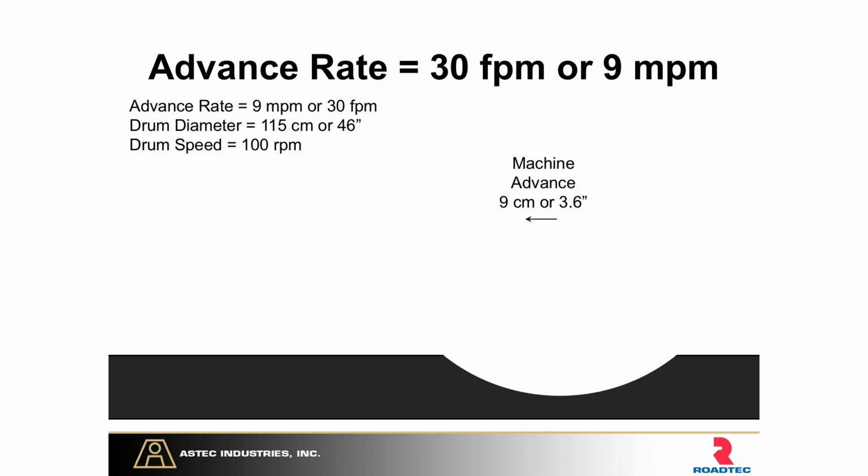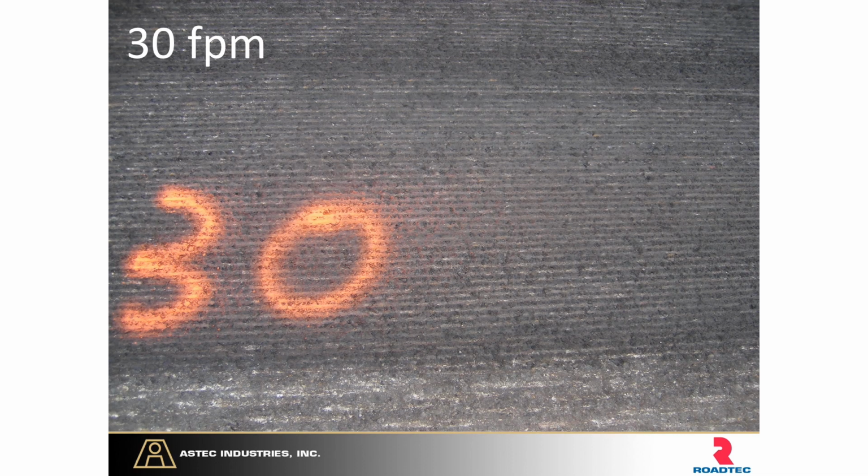So at 30 feet per minute, in one rotation of the drum, the machine has advanced 3.6 inches. So that same tooth, as it comes back around, leaves a very small residual material there. And that's what 30 feet per minute looks like, and you see the lines are nice and straight.